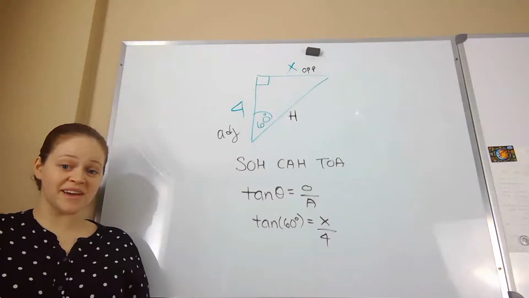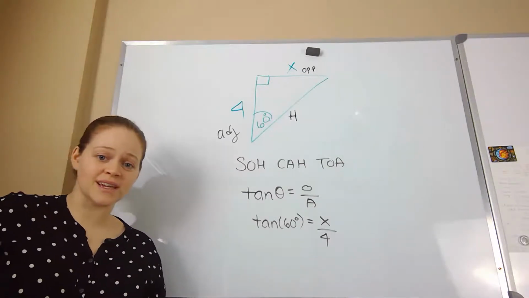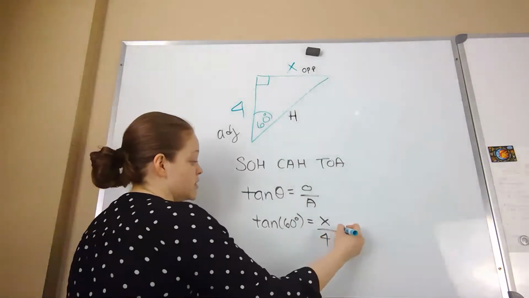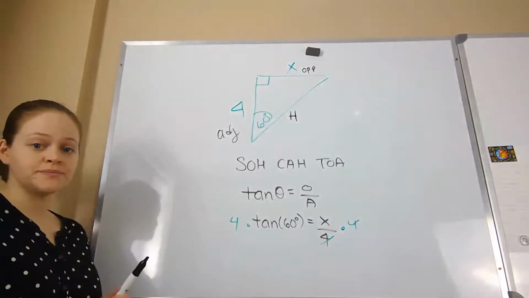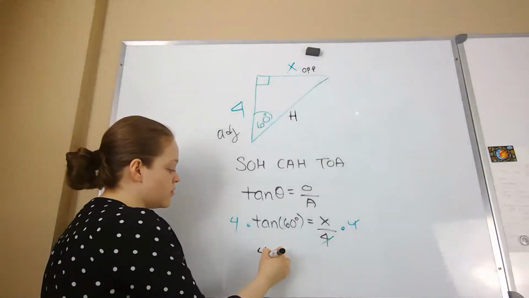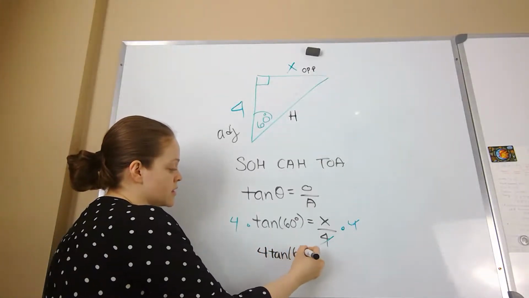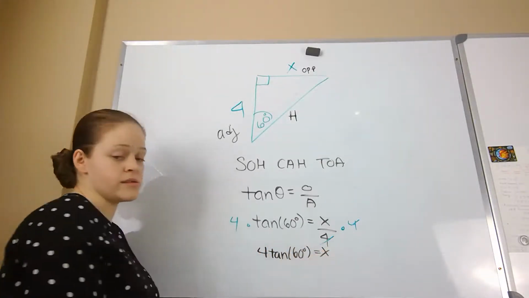So I'm going to multiply both sides by 4, right? Because I've got to get rid of that 4. And so we have 4 tan 60 equals x.